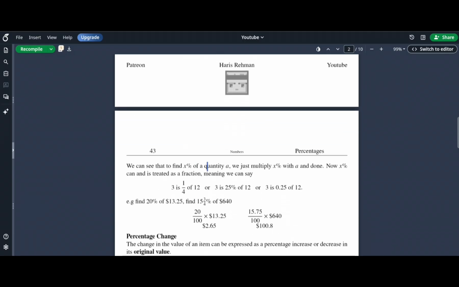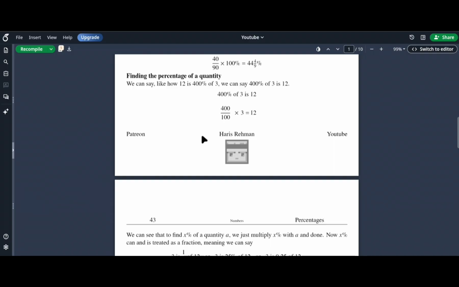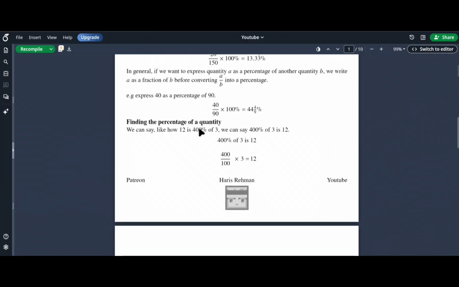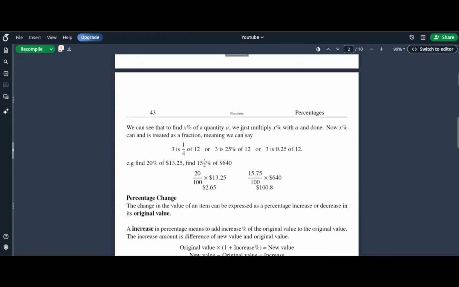Now this is the part where I lost hope. But basically, it's not rocket science, sorry. When we have expressions like find X percent of Y, it means just multiply X percent by Y. That's it.